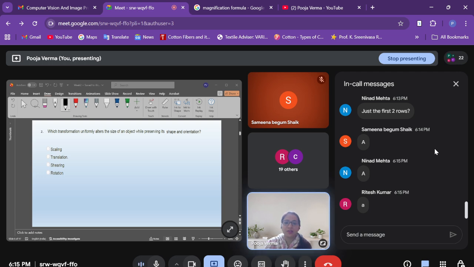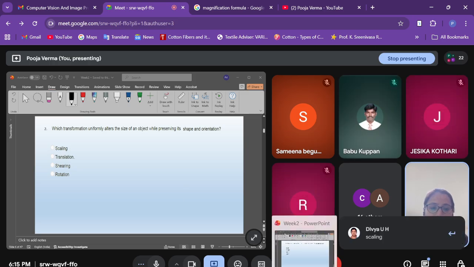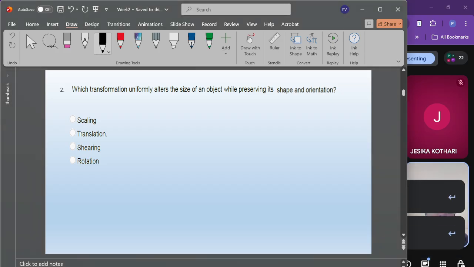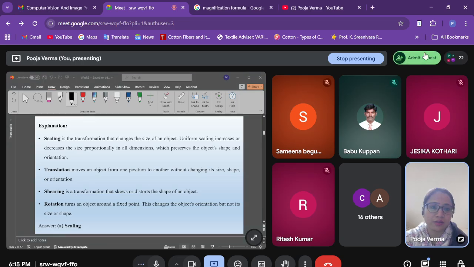Option A, scaling. Most of you have given answers. Now moving to the solution for this question. Option A is the correct answer.